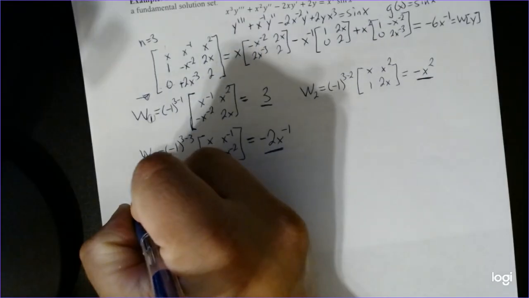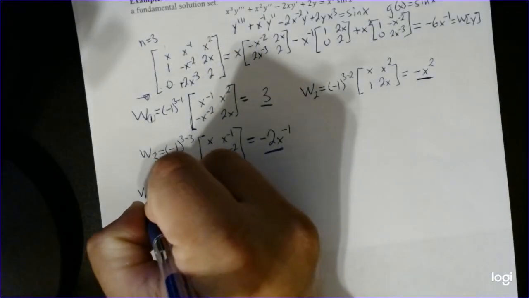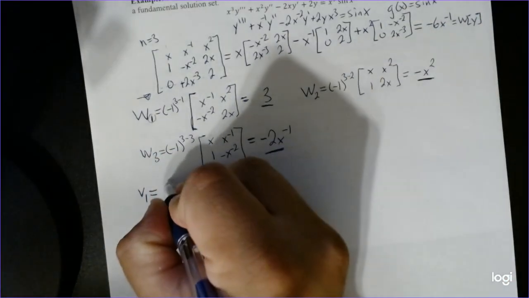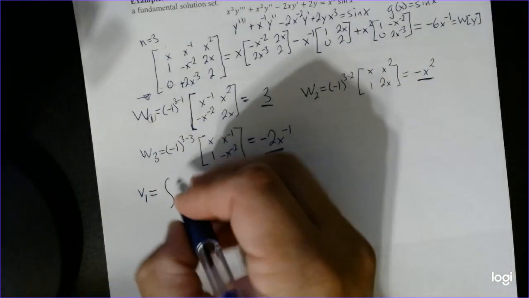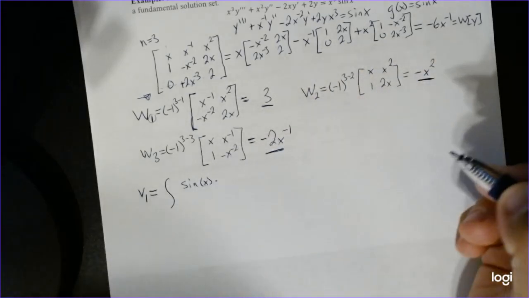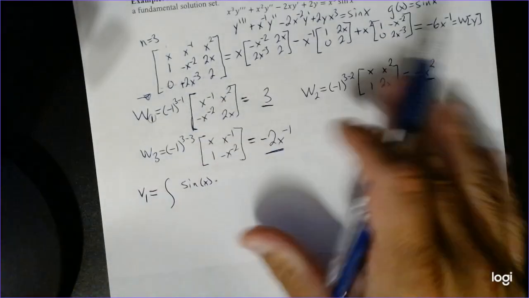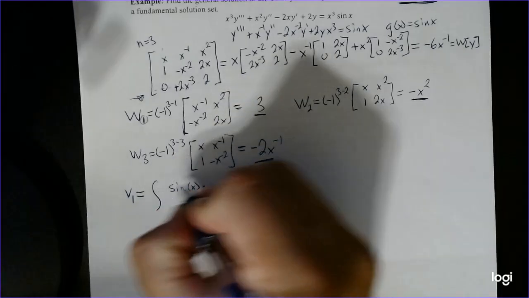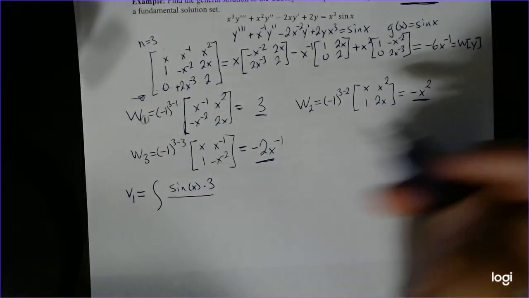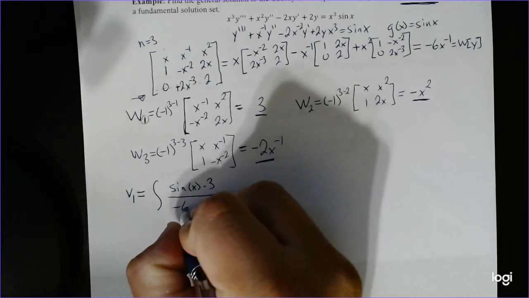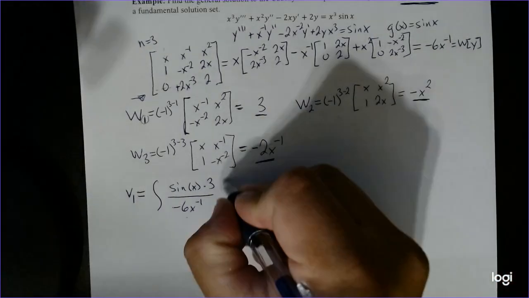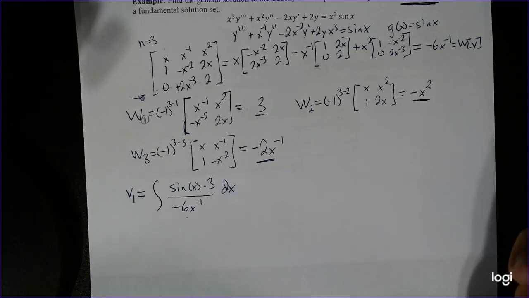So we'll do V1 first. Okay. So V1 is going to be the integral of sine x times the Wronskian of 1, which is a nice just 3, all over the entire Wronskian. Just like that.